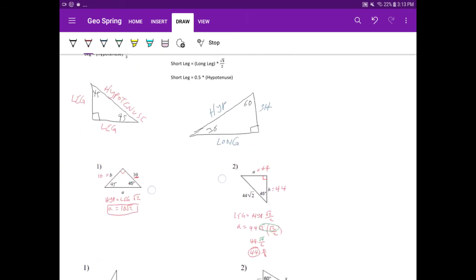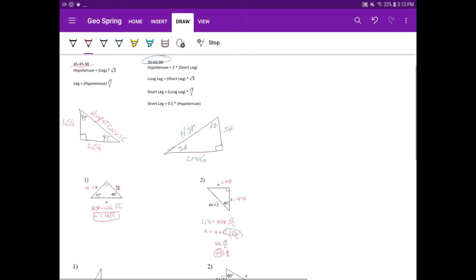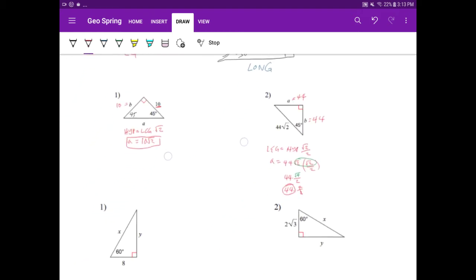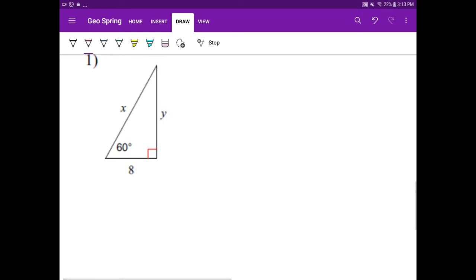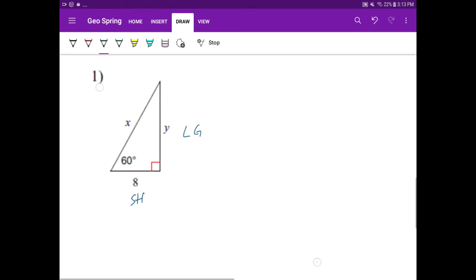So that's this red one, the 45, 45, 90 triangle, just two formulas. For this blue one, you have three sides, and each side has a different formula. You have the hypotenuse, the long leg, and the short leg, and I gave you two formulas for the short leg, just based on what you have. This is the short, this is the long, and this is the hypotenuse.